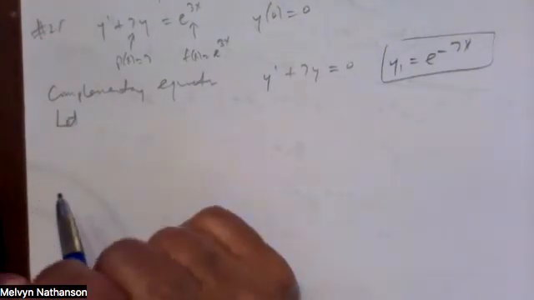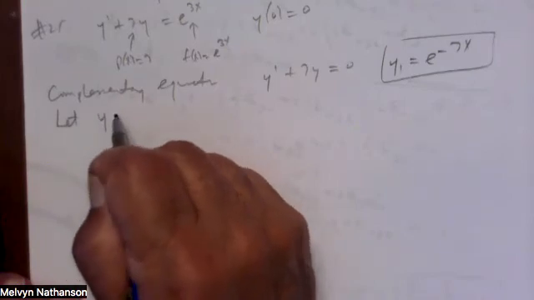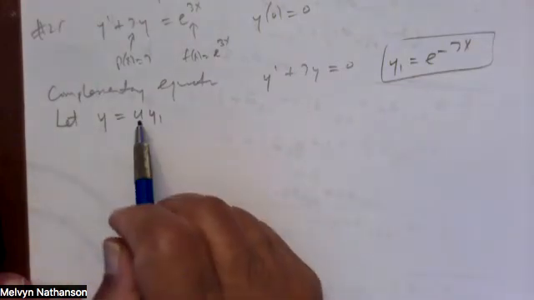I'm using the technique of variation of parameters. I want to let y be a function of the form u times y1, so u is this unknown function I have to determine.